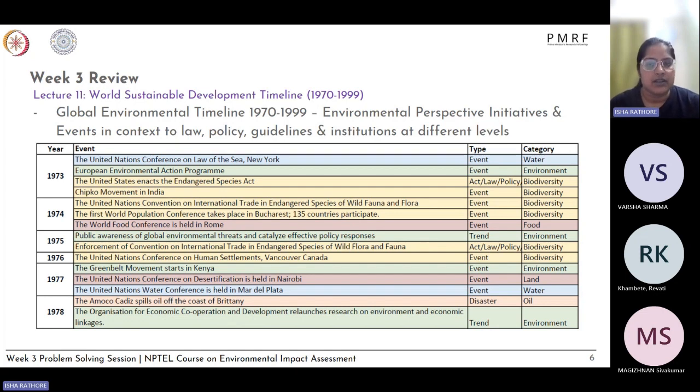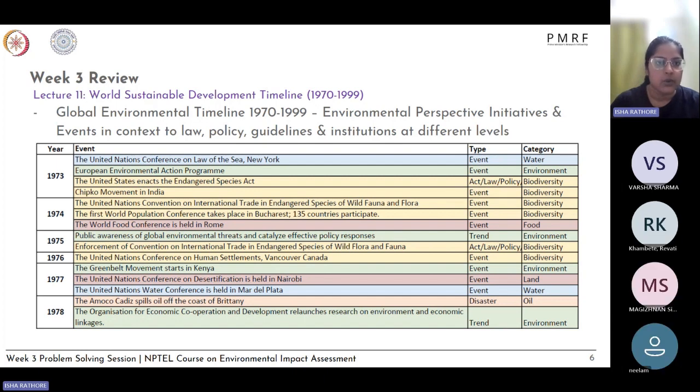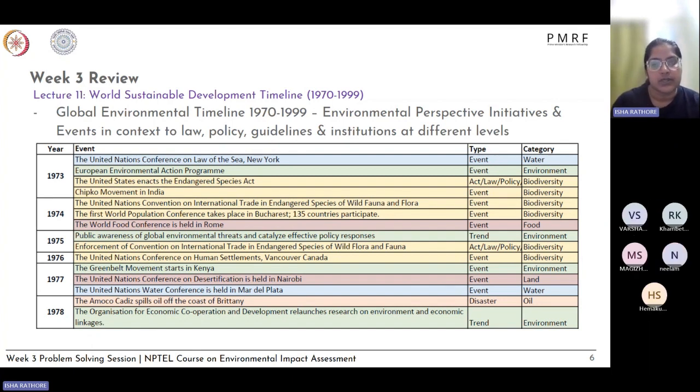And here we looked at how environmental initiatives and events were coming about in the different environmental parameters, in categories like water, environment, biodiversity, food, disasters which were happening, and the shift towards renewable and non-renewable, that debate that was happening.